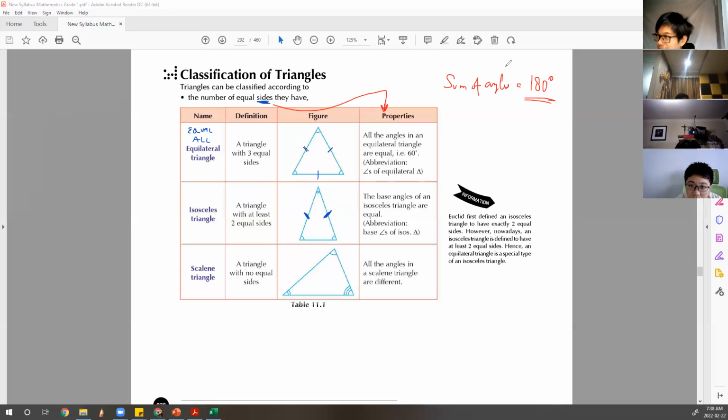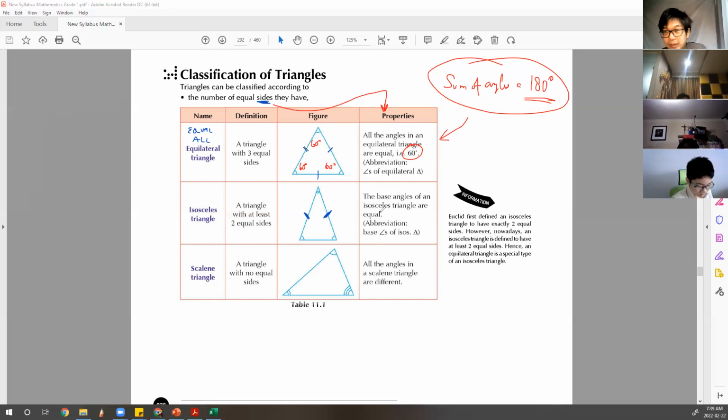This is for every triangle. So when the angles are equal, you just divide by 3, so it has to be 60, 180 divided by 3. So 60 on each angle, because they are equilateral. Memorize this: in an equilateral triangle, all sides are equal and all angles are 60 each. Keep that in mind.